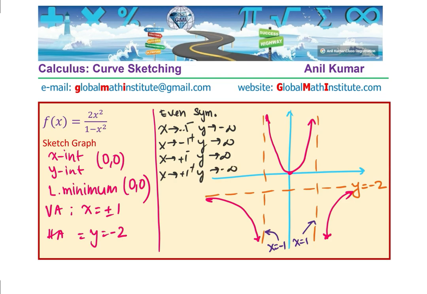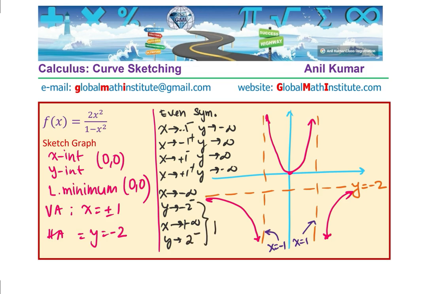As far as the horizontal asymptote is concerned, when x approaches negative infinity, y approaches from below, right? You could also write from below means y approaches minus 2 more negative, right? When x approaches minus or plus infinity, same behavior.